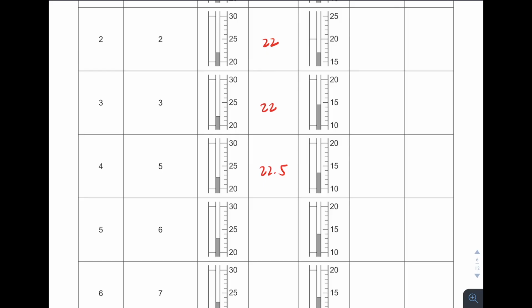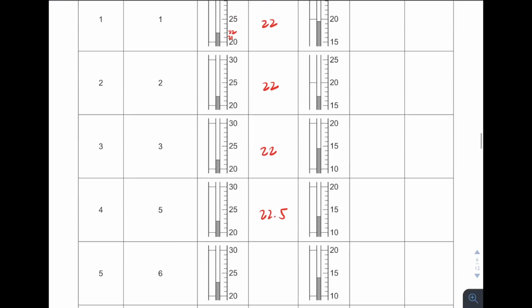Remember, when it comes to tabulation of data, you have to make sure that all the values have the same decimal places. This one has to be 22.5, so it will be one decimal place, and the rest also have to be one decimal place. Remember, consistency is needed.